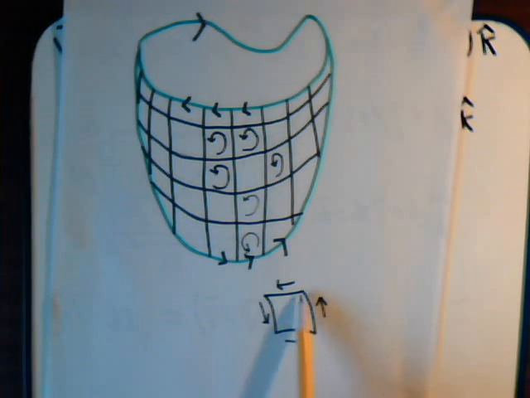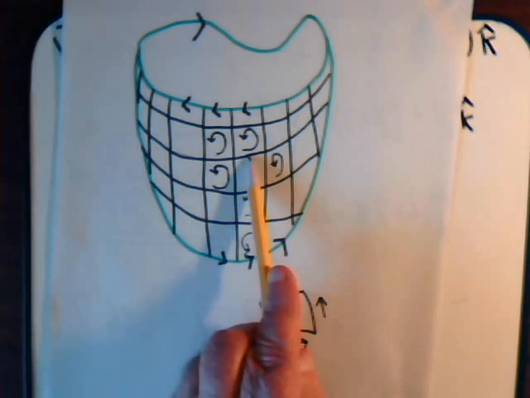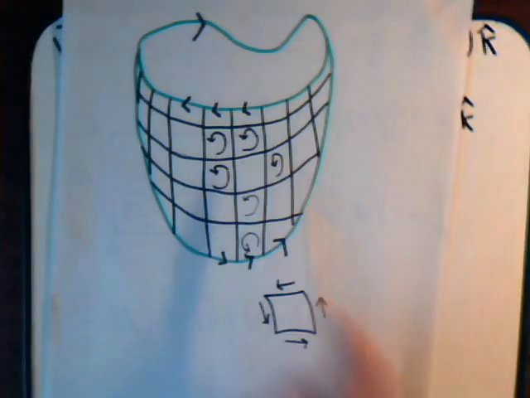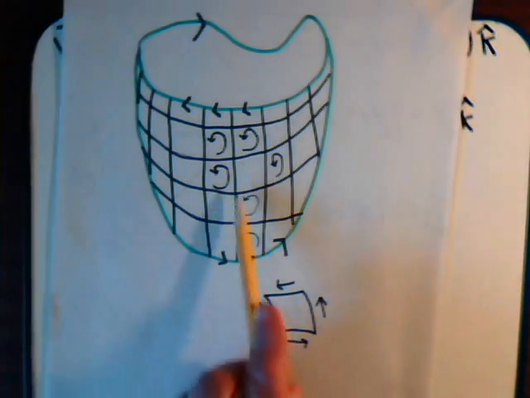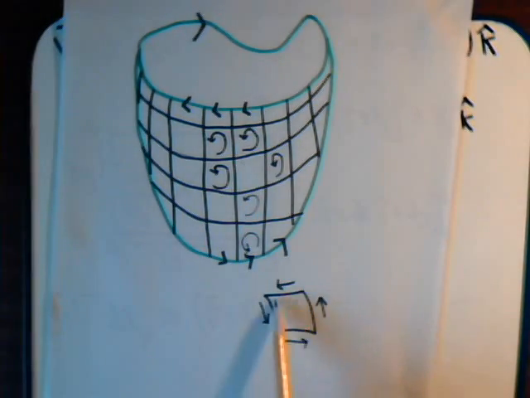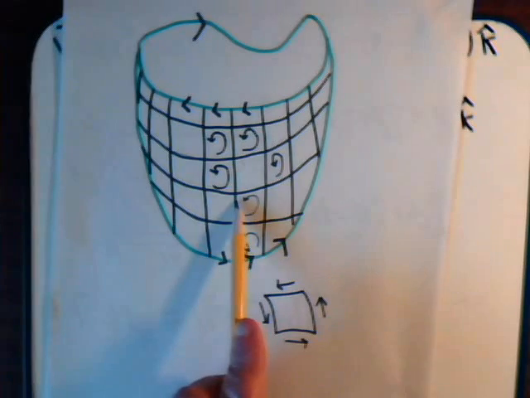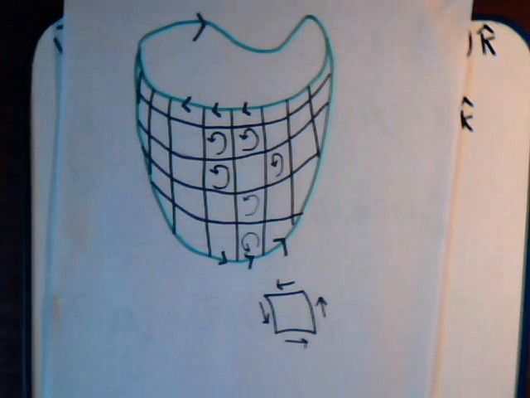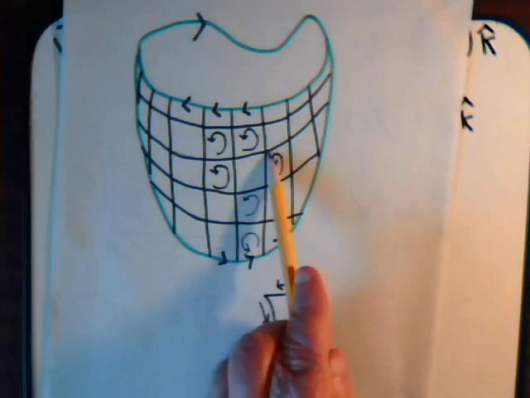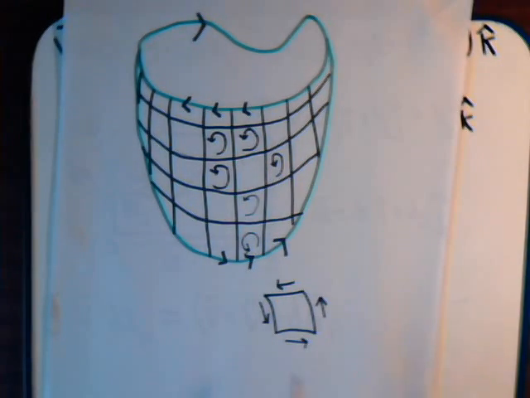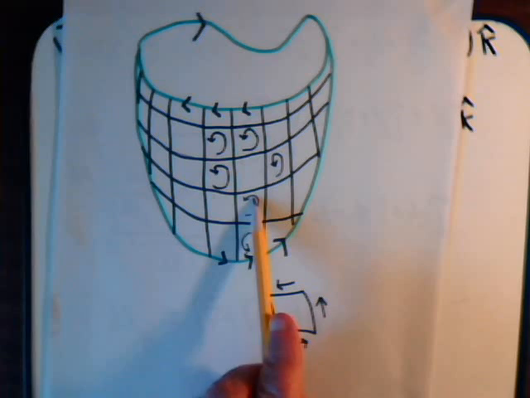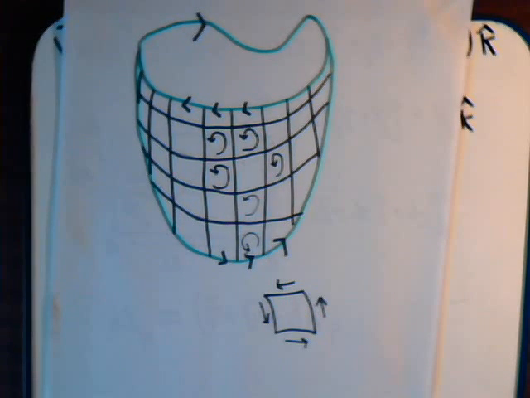Here we're going in this direction to take the line integral, but in the one above it, we'd be going in the opposite direction. So with this common boundary, these two line integrals cancel each other. Here we're going down. For this one adjacent to it, we would be going up. So those two line integrals cancel. This goes up. Here we're going down. Those cancel. Here we're going to the right. In this common boundary, we're going to the left.